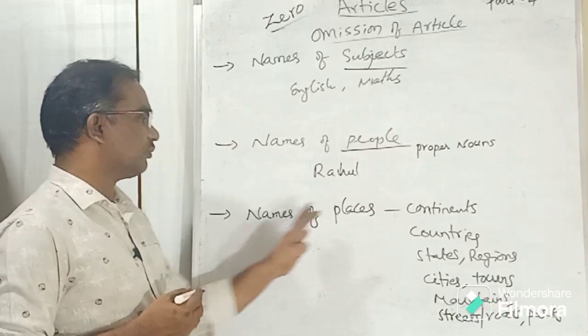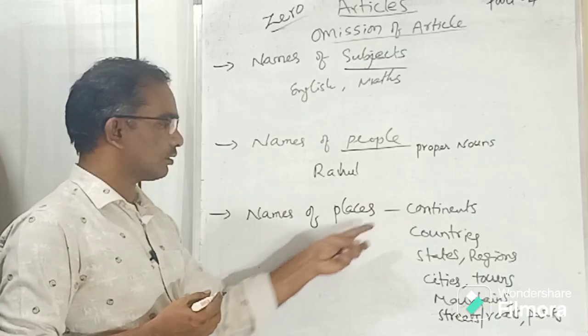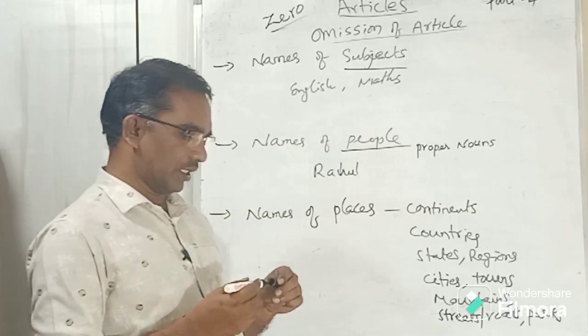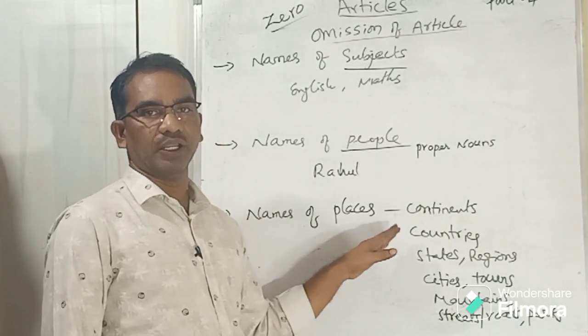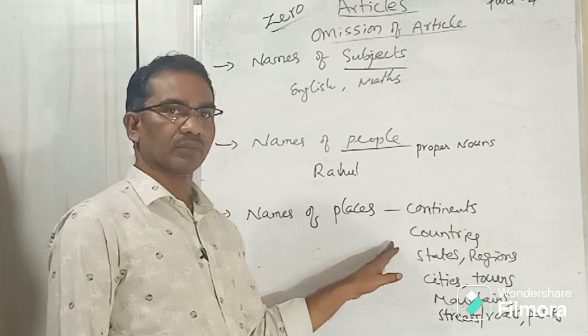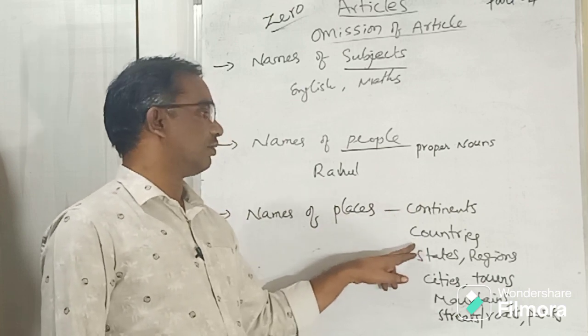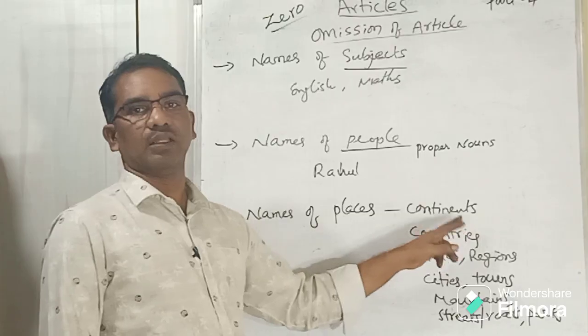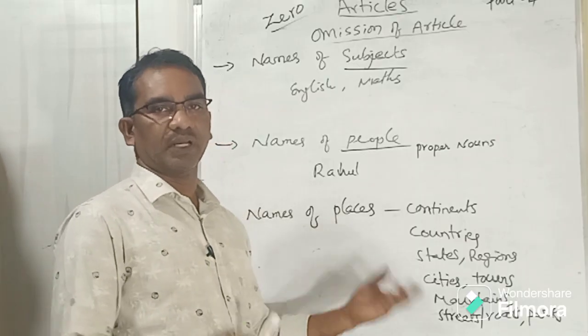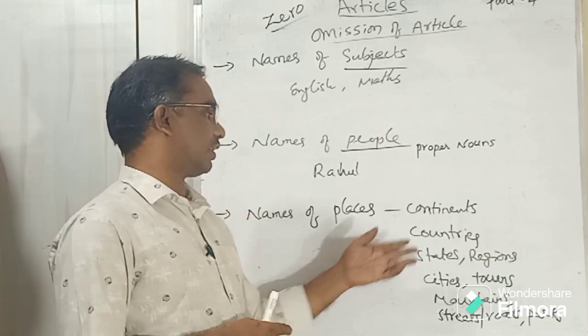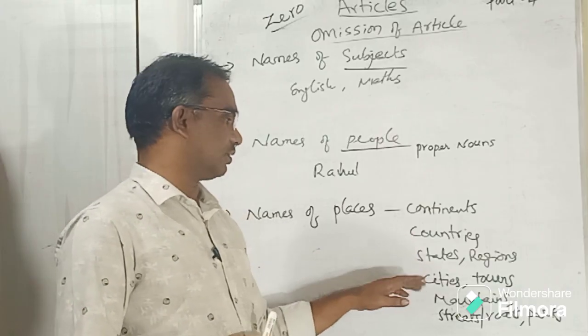Next one, names of places. I have given a list. Let's look at them. Continents, for example, Asia, not the Asia. European, not the European. Countries: India, China, Pakistan, Afghanistan, etc. No article is required.